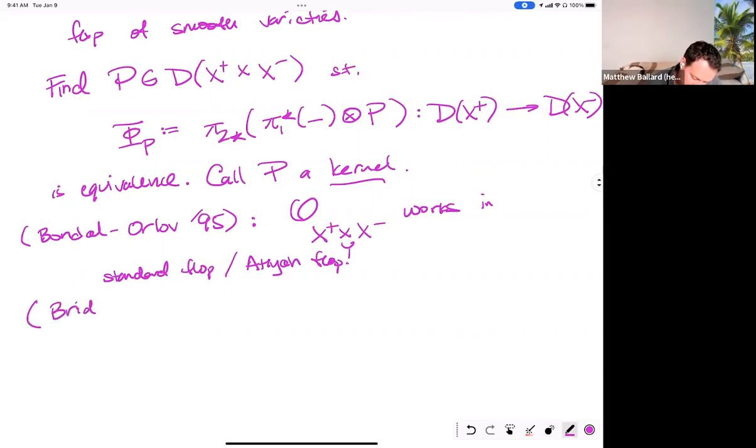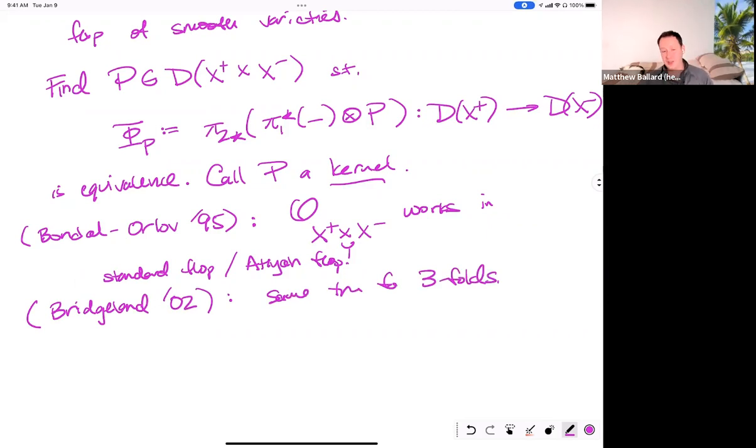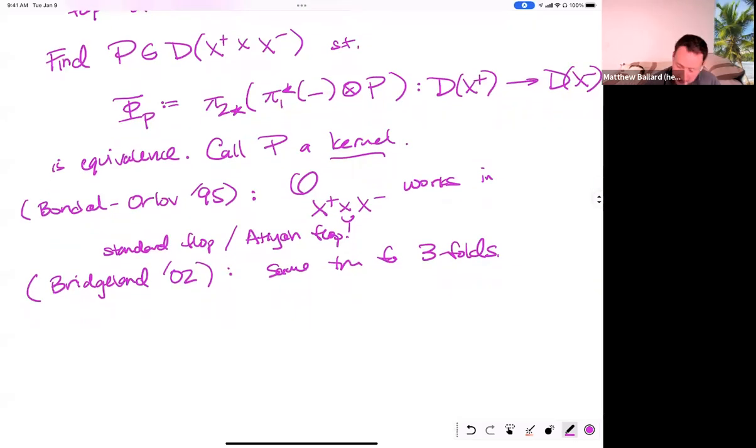We move up a bit, and a well-known result of Bridgeland says the same is true for threefold flops. Now, it's not exactly how he stated it if you look at the paper, of course, but it is a consequence. The consequence of what he proved is that if you take the structure sheaf of the fiber product of the flop, you get a Fourier-Mukai kernel giving you the equivalence. Okay, so now you're feeling pretty good.